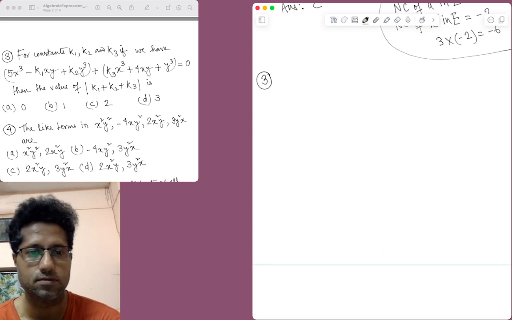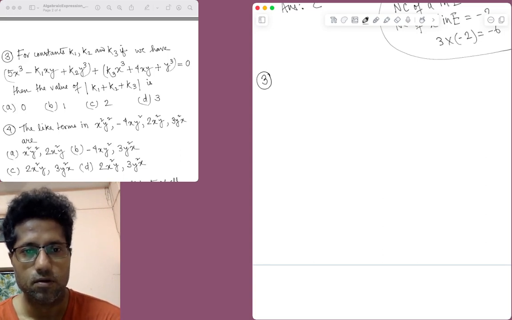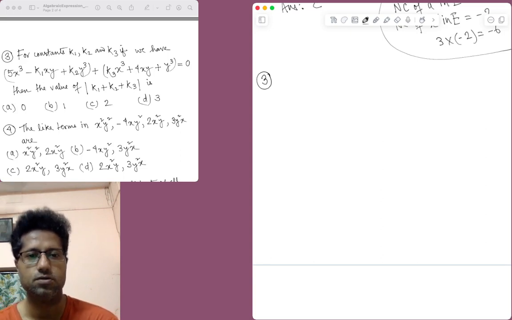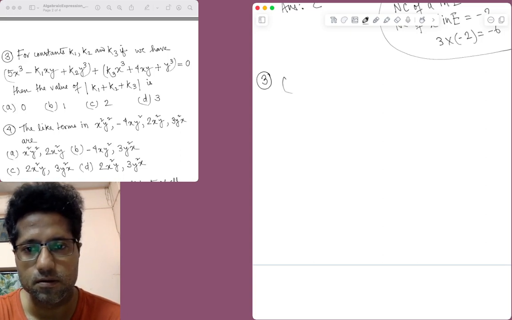Okay, so it is saying that the sum of these two algebraic expressions is 0. Let's first find out what is the sum of the given two algebraic expressions.